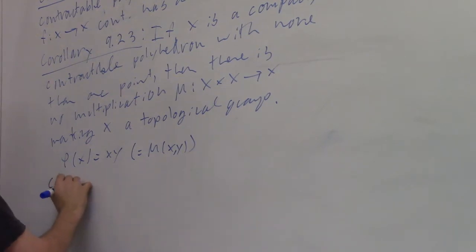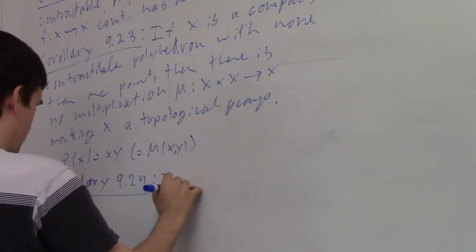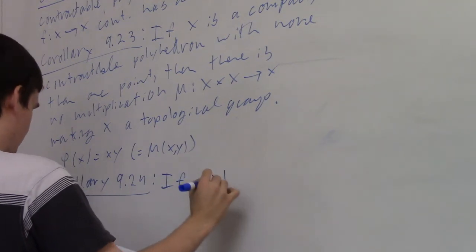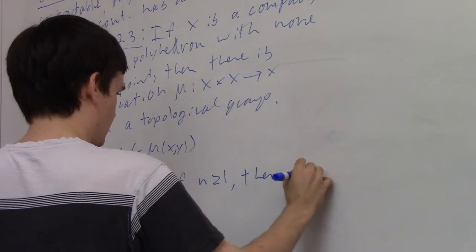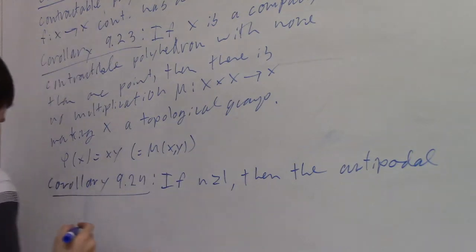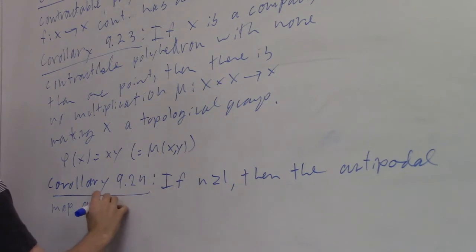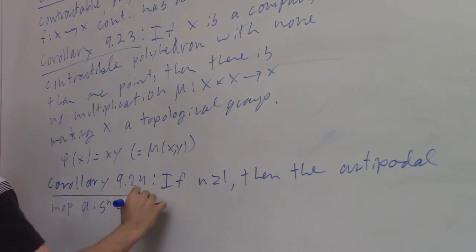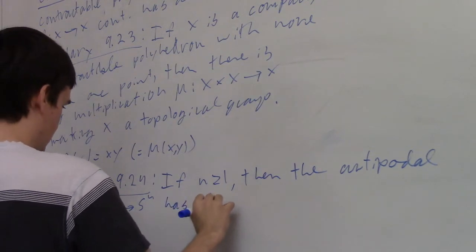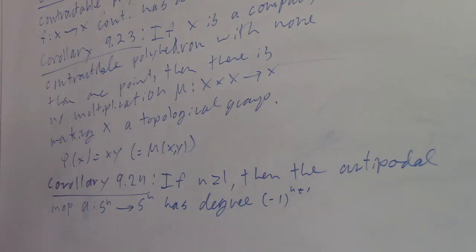So, Corollary 9.24. If n is greater than or equal to 1, then the antipodal map A from S^n to S^n has degree (-1)^(n+1). Didn't we prove this some other way? Yeah, I feel like we've proved this before.